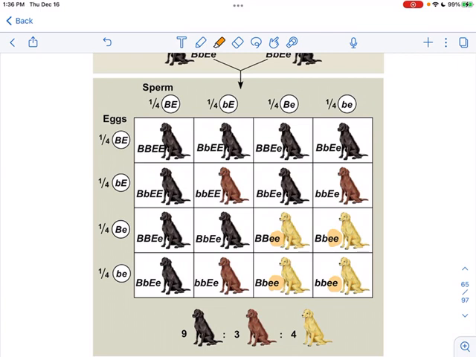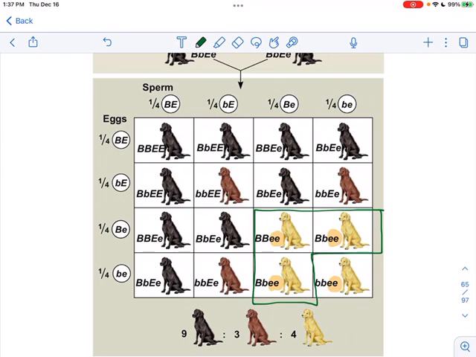Notice that in order to be a black lab, you have to have at least one big B. So these three individuals here should have been black Labradors, but because of the epistatic relationship with that second gene, their pigment didn't get deposited and they ended up as yellow labs.